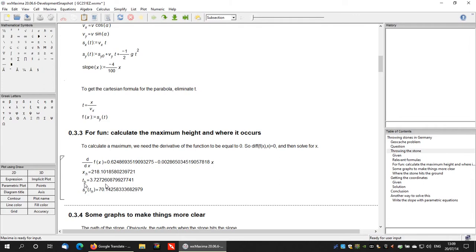The time, we can get from here, is 3.72 seconds, and the height, or the distance in the y direction at that time, is 70 meters and a bit.